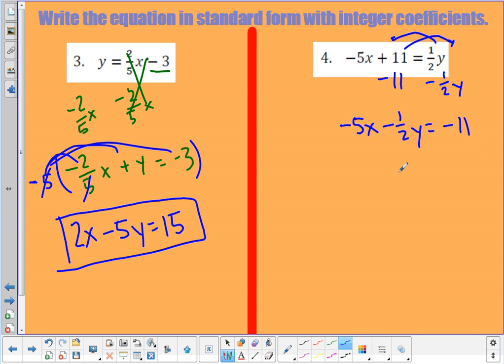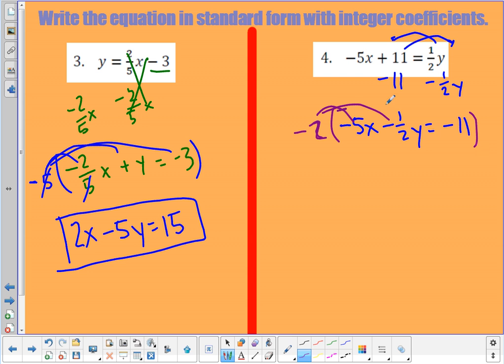Okay, so again, I have this fraction here that I need to fix, and I also have a negative coefficient in the front. So that means I'm going to need to multiply by whatever my denominator is, because that's going to cancel that denominator. So I multiply by 2, because that'll cancel this denominator. And then I need this negative to be a positive, so I'm going to multiply by a -2, because a negative times a negative gives me a positive.